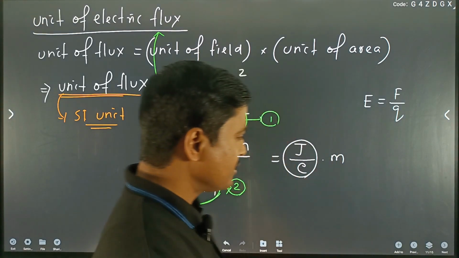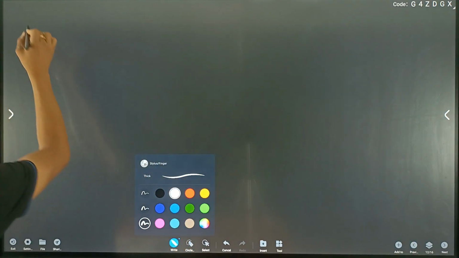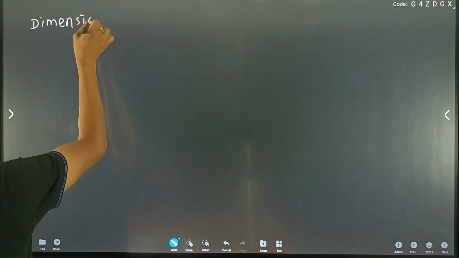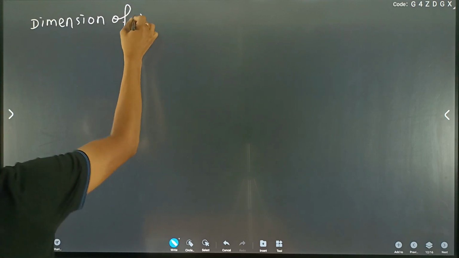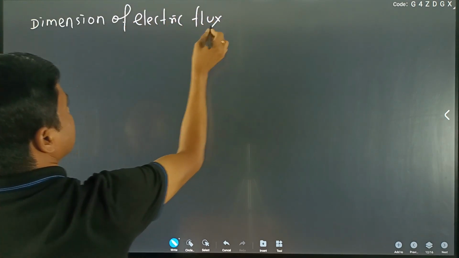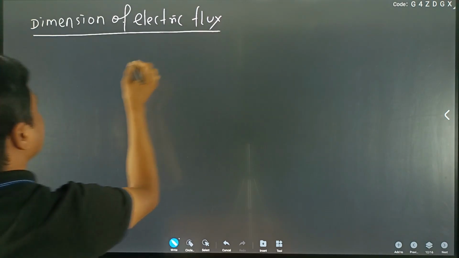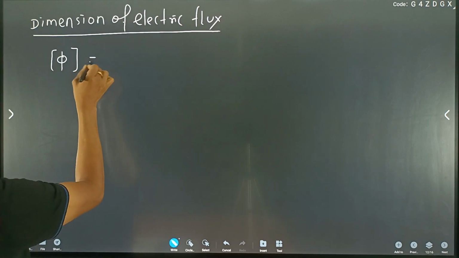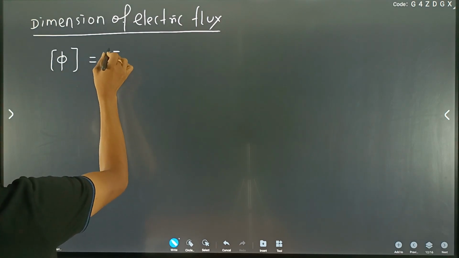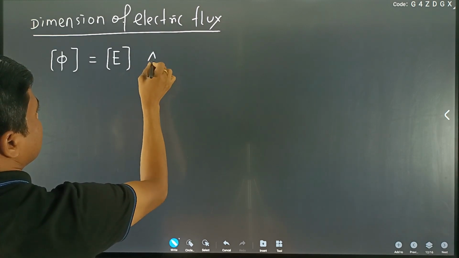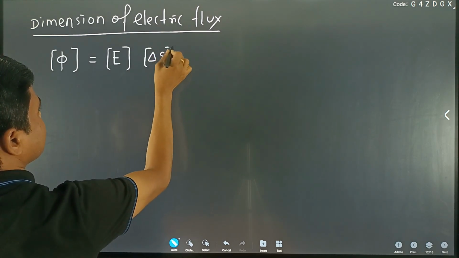Clear? Then what is the dimension? Dimension of electric flux. For electric flux we write the symbol phi. Dimension of phi is equal to, you know the formula, electric field intensity multiplied by surface area.